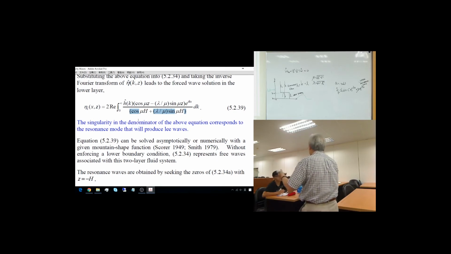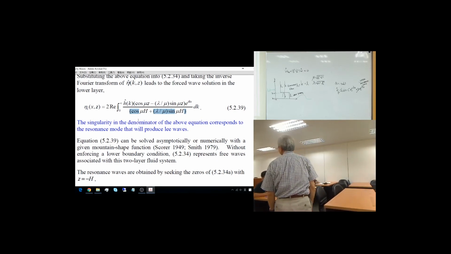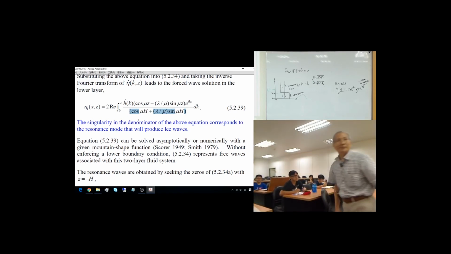That's 共鸣, that's resonance. So that resonance gives us D waves. Otherwise you can still have diffraction. You can still see waves, but not maximum.